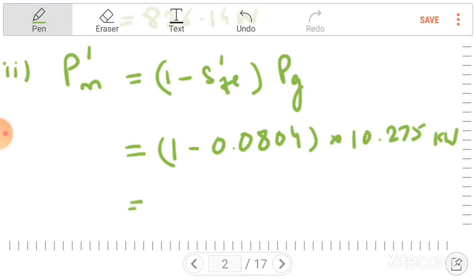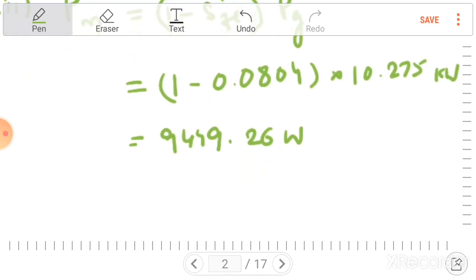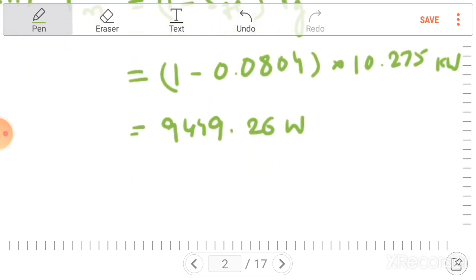So the value is equal to 9449.26 watt. This is the output power, or mechanical developed power.